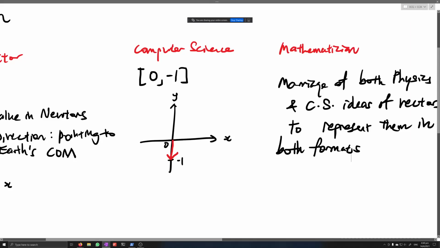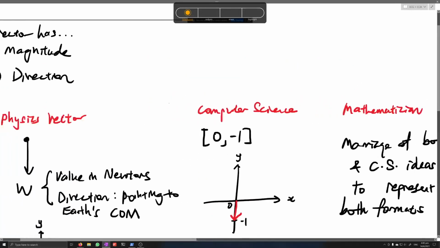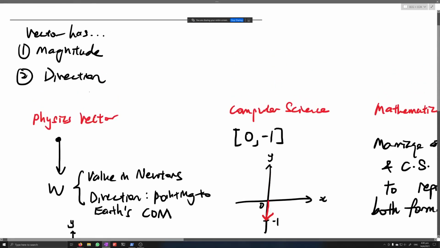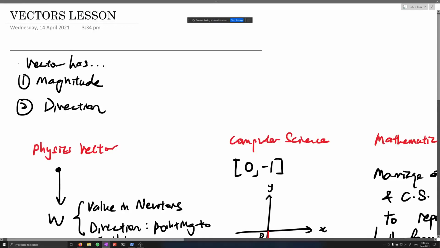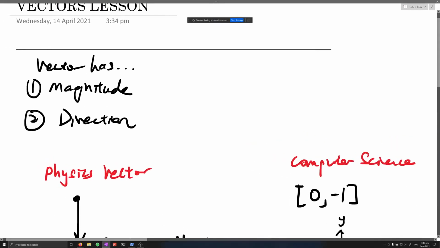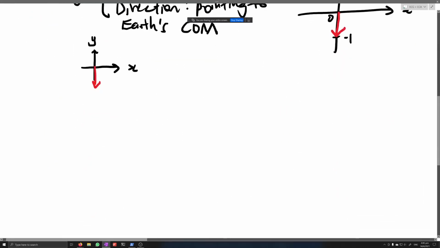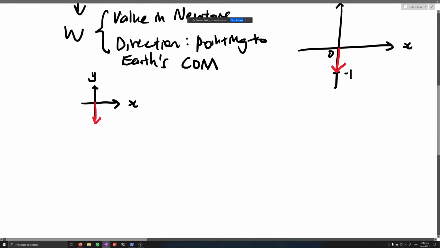That's the whole point of us trying to do maths, to make sense of the numbers, in this case to make sense of the quantities that have both magnitude and direction. So in contrast, a scalar, which is like all the numbers that we are familiar with, has only magnitude. Okay? So that's the introduction to vectors.